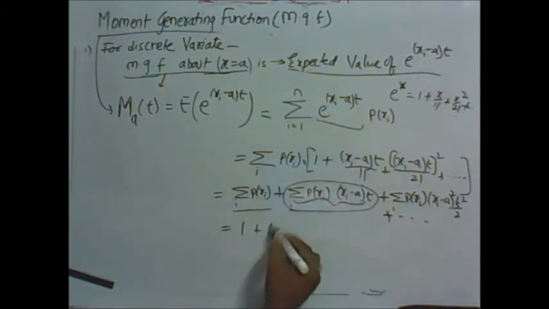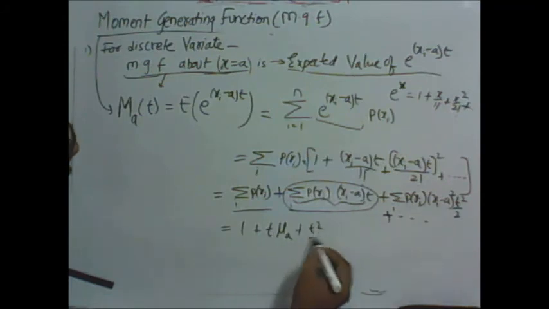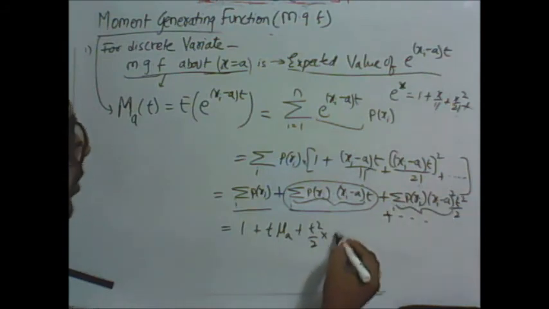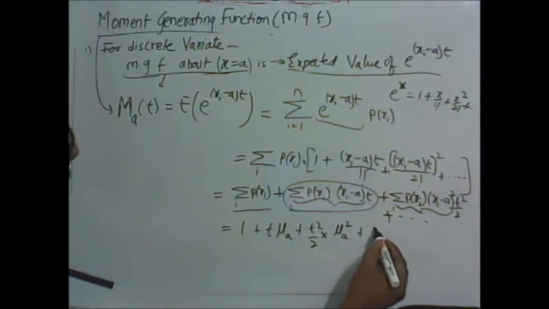So t into first moment mu a, plus t square by 2, again a constant, into this part which is nothing but the second moment about a, not mu a square, it is the second moment. Similarly so on.